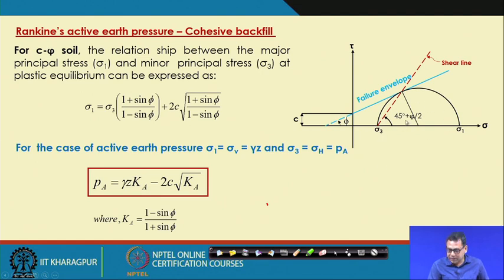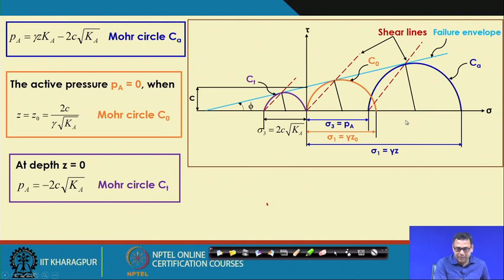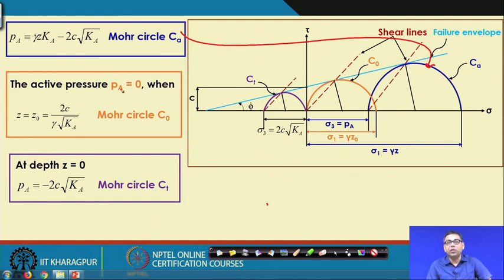Now, this is the expression of P_A, and this C_A is the circle corresponding to this expression. Now, if P_A is equal to 0, then we can get a z value.